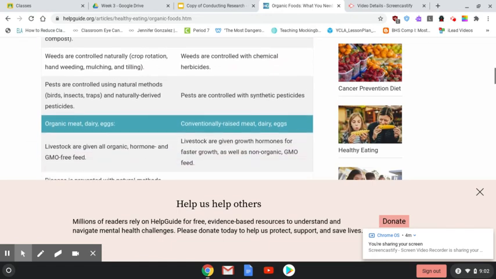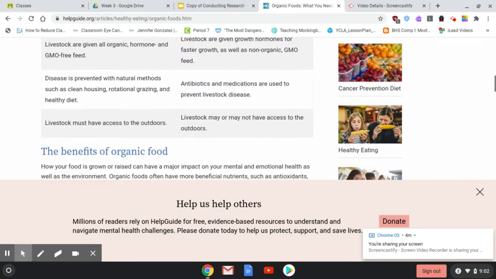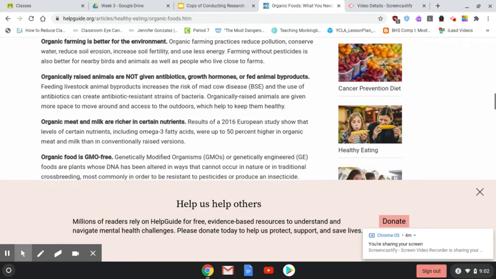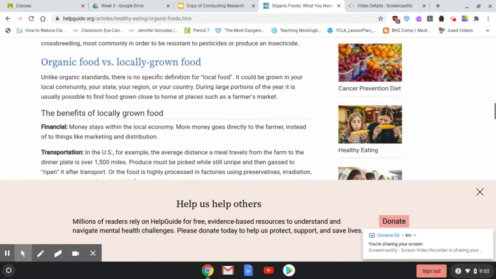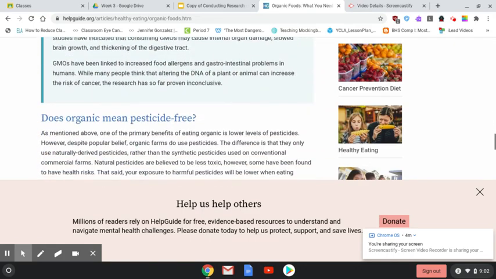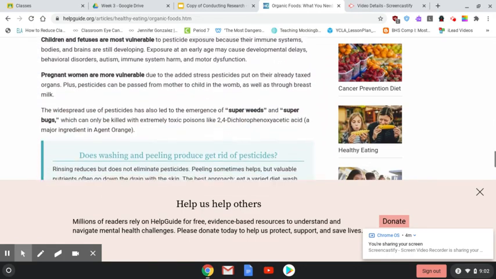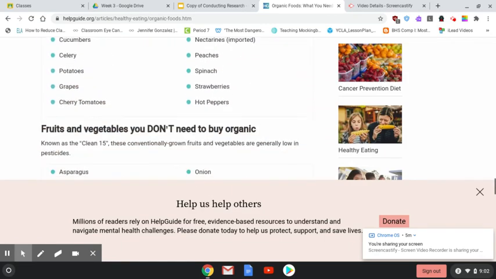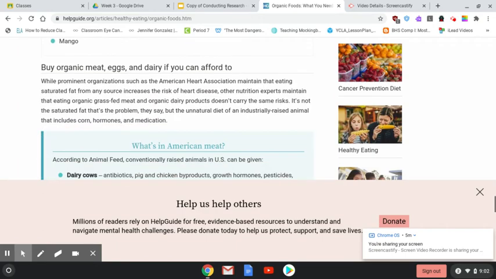Now, this information seems to just at first glance be beneficial. It's organized in a way that is easy to read. We need to see if it has any sources linked to this for us to know whether or not this is credible.